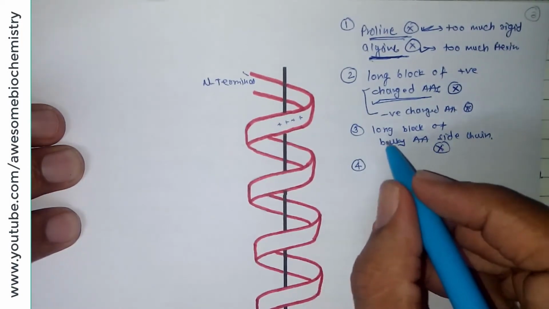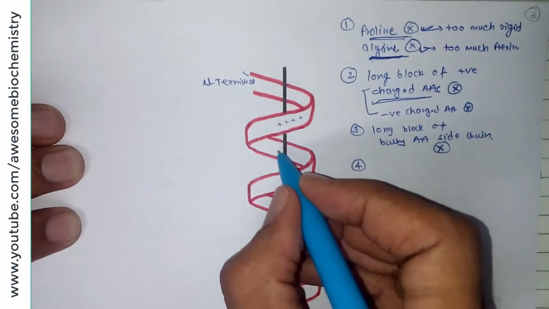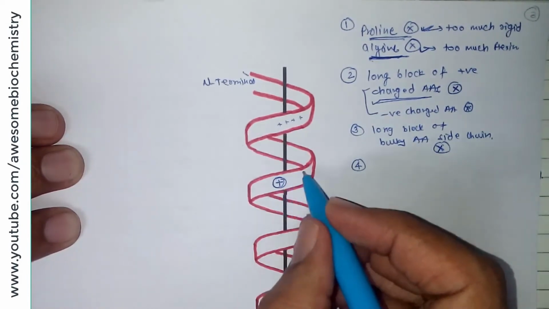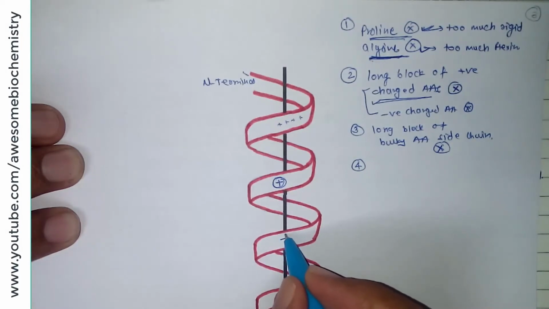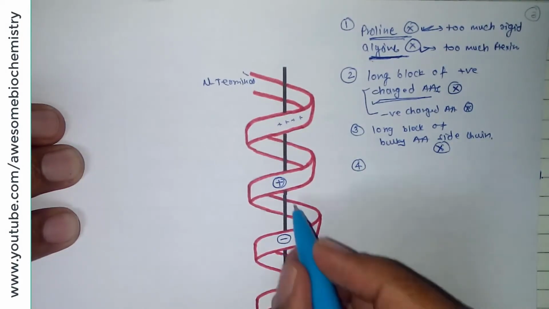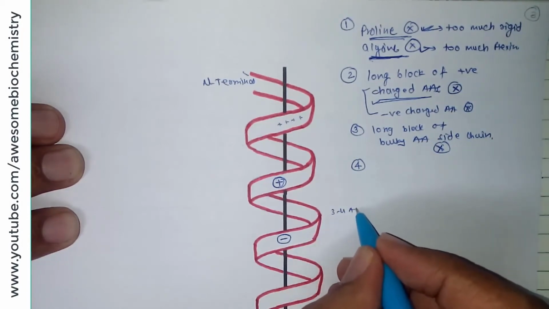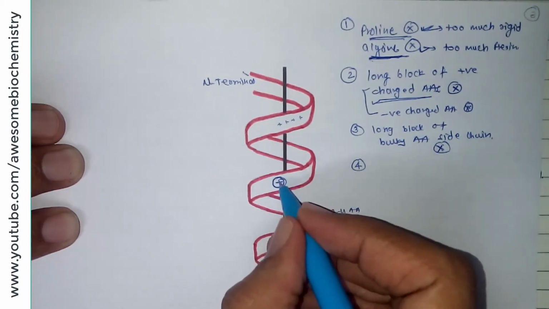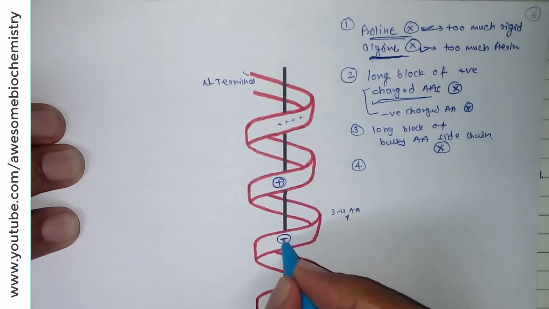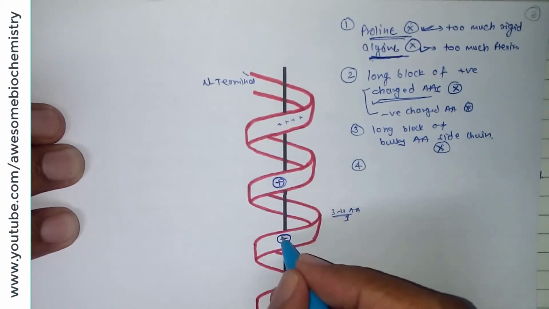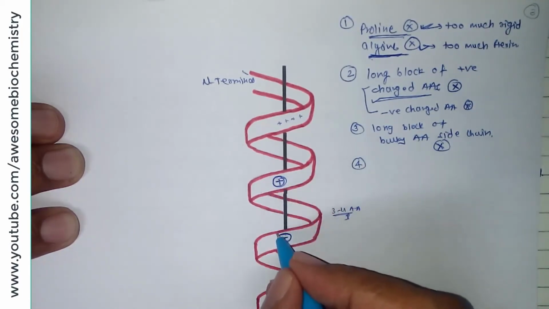One thing is favorable, that if suppose we have one positive side chain containing amino acid over here and one negative side chain containing amino acid over here, and we know that this is a complete turn. So, 3 to 4 amino acids apart, if there is one positive charge amino acid, then it is more likely that one negative charge amino acid will be there after 3 to 4 amino acids. Why? Because they will occur near each other when this helix is formed.